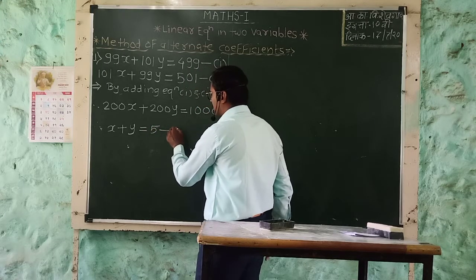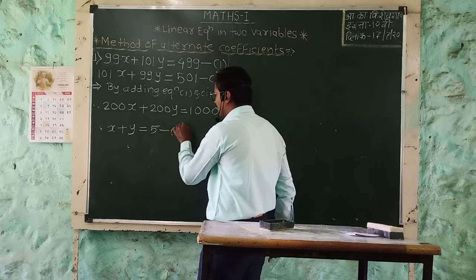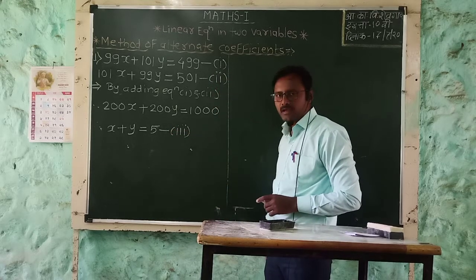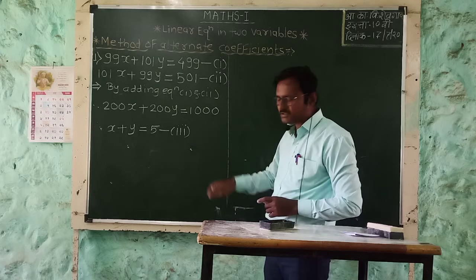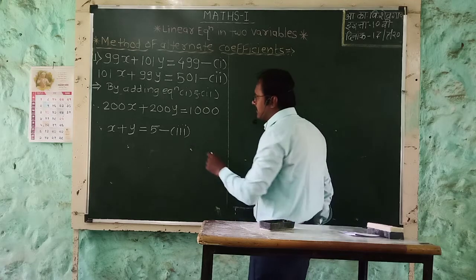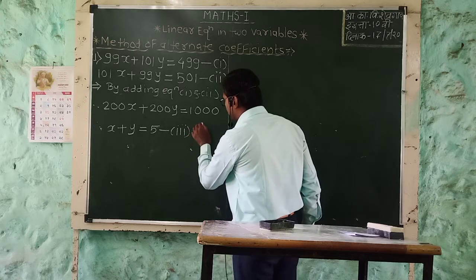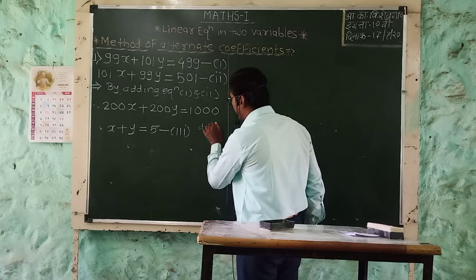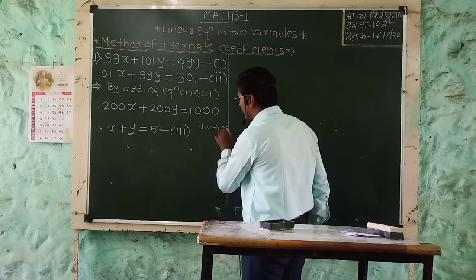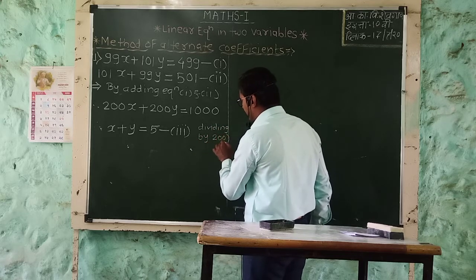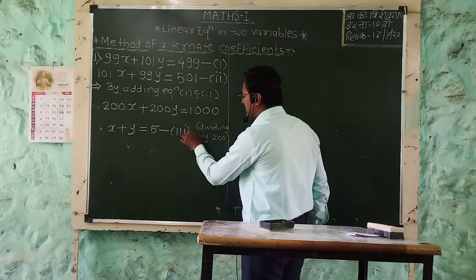The obtained equation is equation 3, and it is obtained by dividing both sides by 200. This is the reason.